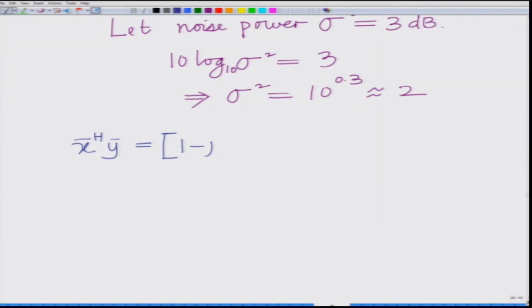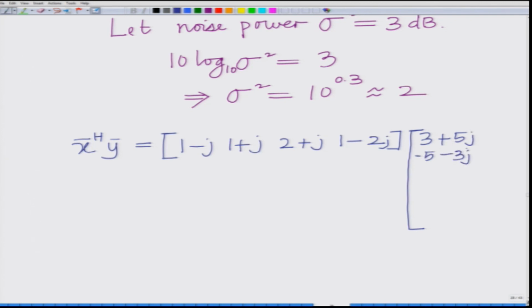That becomes 1 minus j, 1 plus j, 2 plus j, 1 minus 2j, multiplied by 3 plus 5j, minus 5 minus 3j, 2 plus 3j, minus 3 minus 2j, and this is going to be 6j.